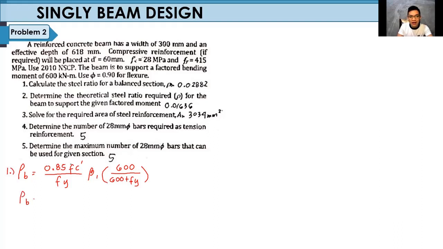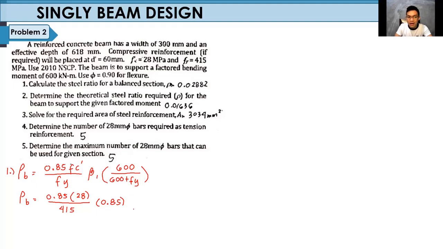So, rho natin na balance is equivalent to 0.85. Yan. Multiplied natin sa fc prime, which is 28. Then, divided by our fy. Fy natin is 415. Multiplied ng beta natin. So, check natin sa fc prime, 28 sakto. If sakto siya na 28, same kanina. Therefore, that is 0.85. Diba? So, if it is greater than 28, iba na yung formula natin for beta.